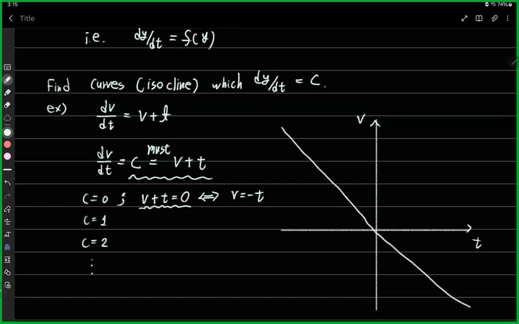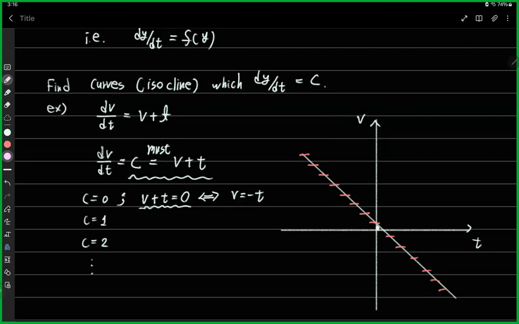Now c equals 0 means the slope is 0. Just draw the short line segments, 0, 0, 0, 0. By the way, that kind of line is called an isocline.